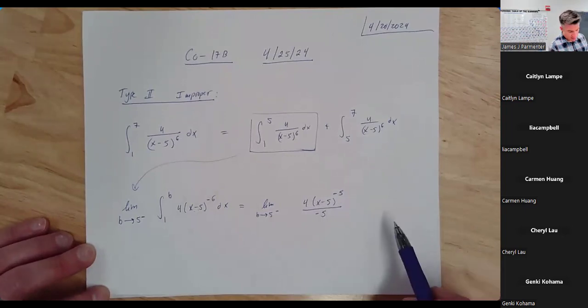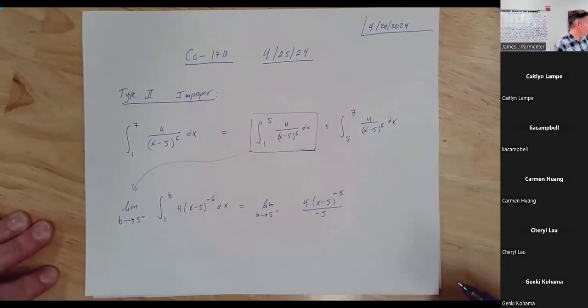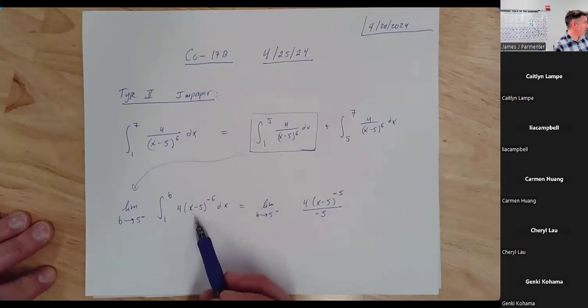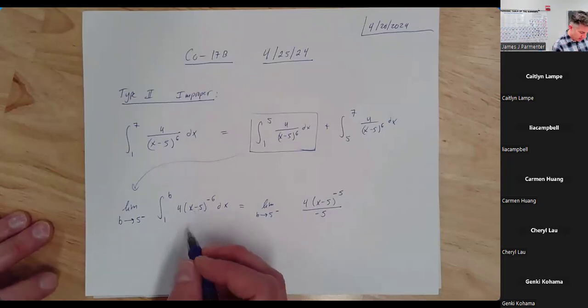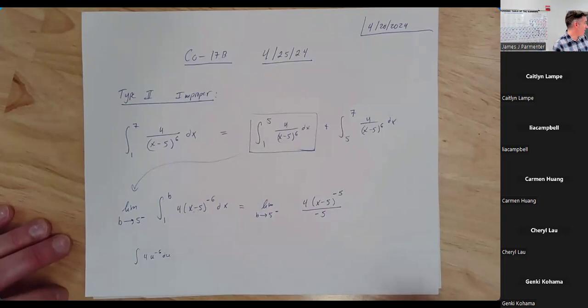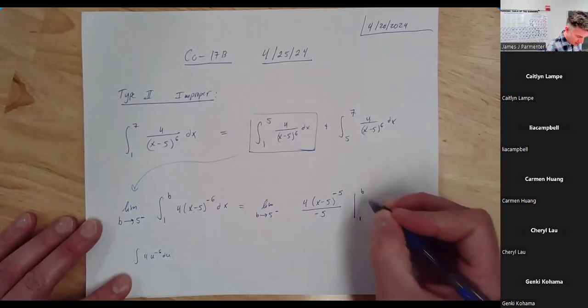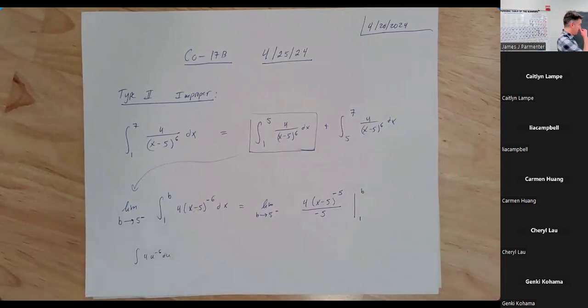You might notice I'm skipping the u substitution. Technically, you could do a quick u sub, let u equal x minus 5. Your du would exactly be dx, to essentially be integrating 4 times u to the negative 6. But I think we can get away without showing that work because it's really a straightforward u sub here. So then we're still evaluating from 1 to b. Here's what I know is going to happen. I'm going to plug in b and I'm going to plug in 5 for b.